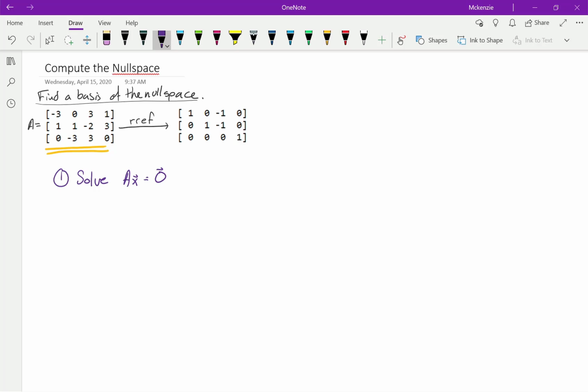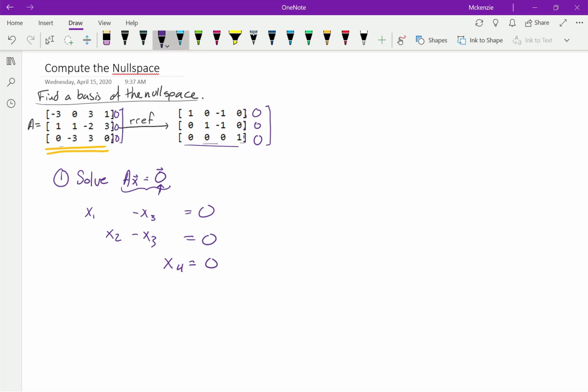So we have our matrix A with the given reduced row echelon form, and if we're solving with a 0 column at the end, augmenting by 0 isn't going to really change anything here. Ultimately, from our reduced row echelon form, we learn that, calling these x1 through x4, x1 minus x3 equals 0, x2 minus x3 equals 0, and x4 equals 0.